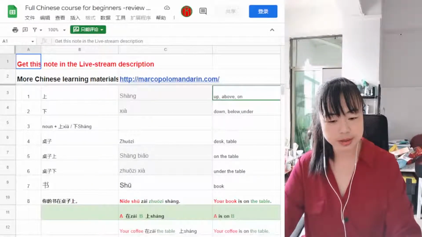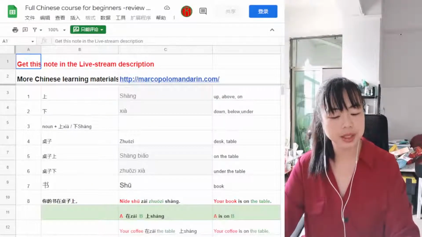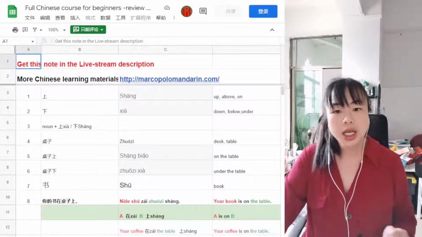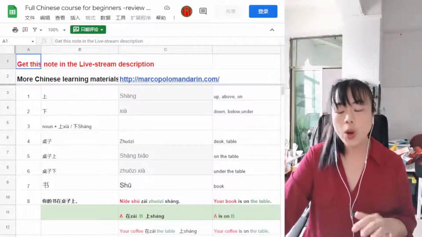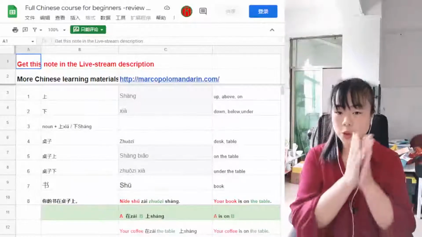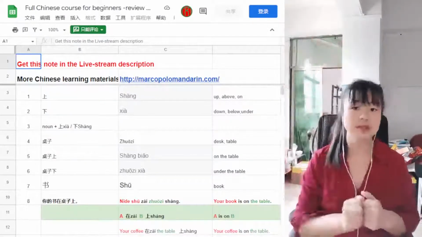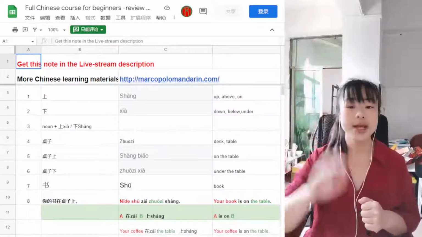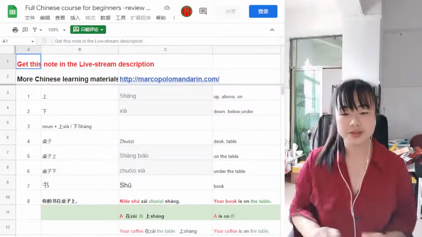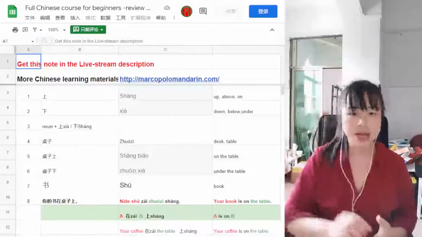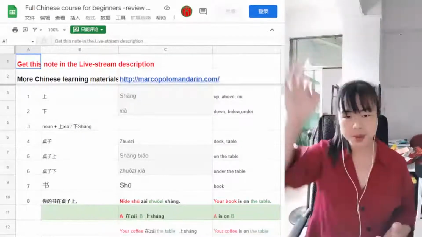Wait for a minute. Okay, so now I copy and paste here. When we have 上边, we can use these two by themselves, like 上边 blah blah blah, 下边 blah blah blah. But for 上, we can't say 上 blah blah blah, 下 blah blah blah.